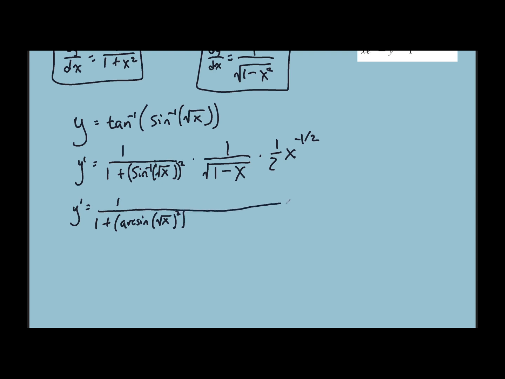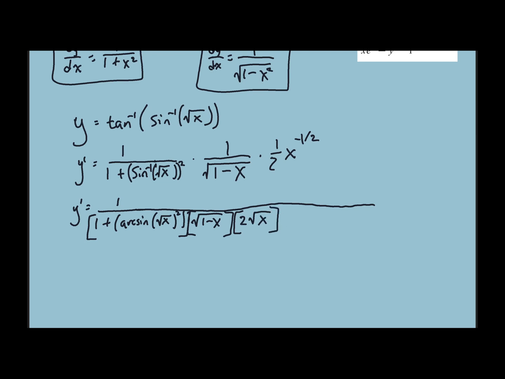This is all going to be on the bottom. So I'm just going to draw a long fraction like this. Root 1 minus x. I'll make sure this is in brackets here. That 1 plus needs to distribute correctly here to this guy. And then this is going to be 2 root x.